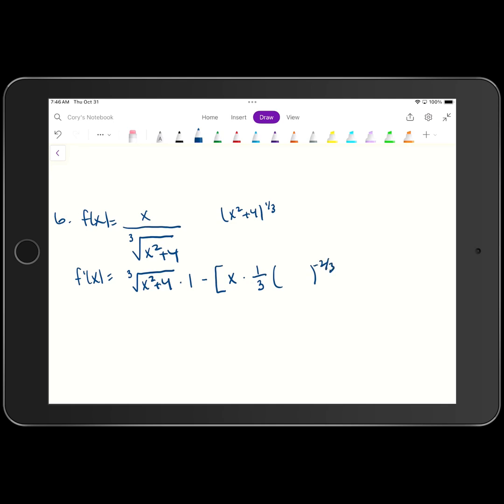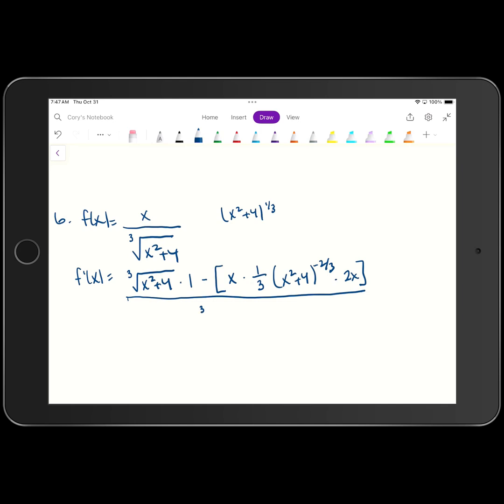We're going to evaluate that at our inner function, x squared plus 4, and then multiply that by the derivative of the inner function, which is 2x.